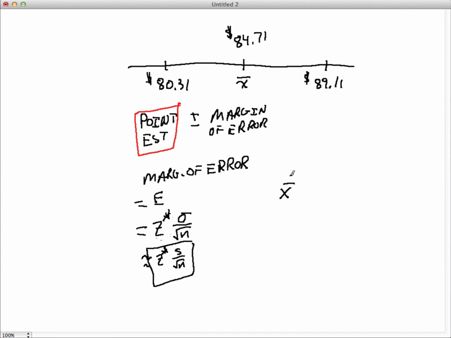So that's the point estimate right there, plus or minus the margin of error. Let's go ahead and do the margin of error in some sort of bluish color here. And the margin of error in our particular case is going to be given by z star times s over the square root of n.